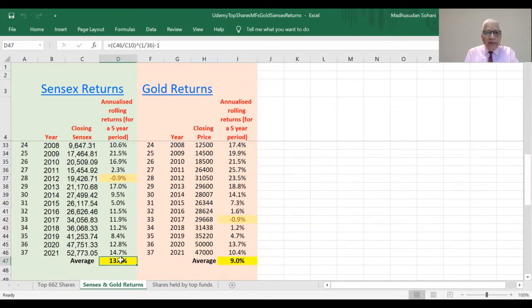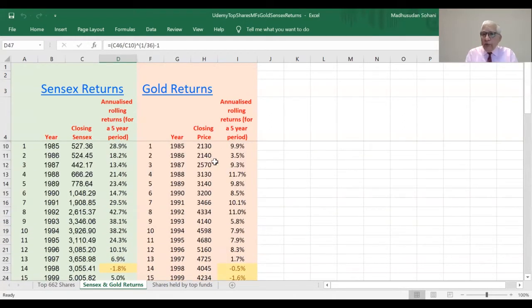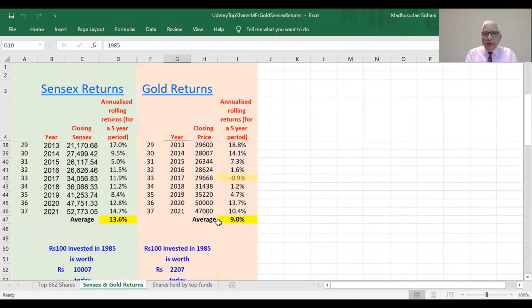So just imagine, 13.645% per annum has been the return over a 36-year period from 1985 to 2021. Similarly, if you calculate the returns from gold from 1985 again to 2021, their annualized return is 8.99%, or 9% rounded out.